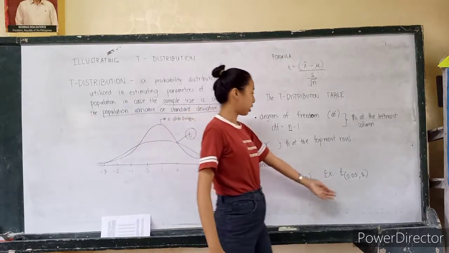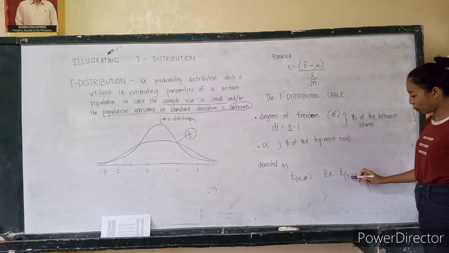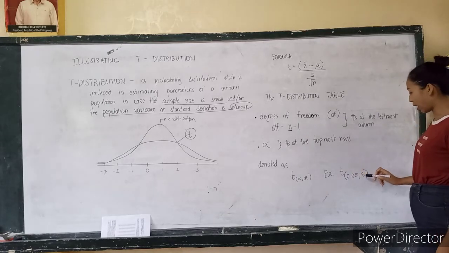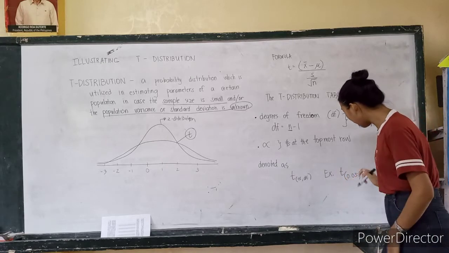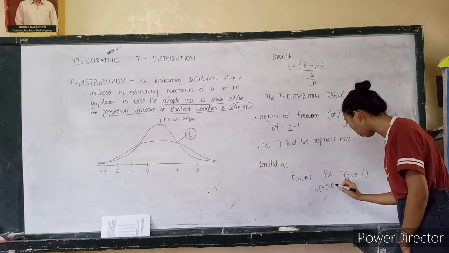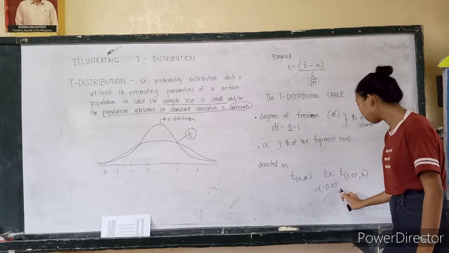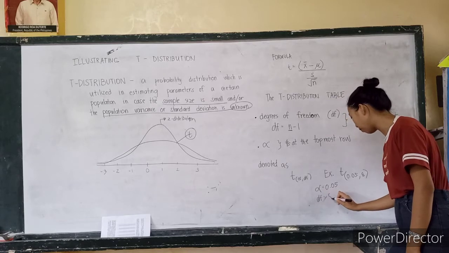For example, this is t with parenthesis 0.05, 8. This means, class, that your alpha is 0.05, and your 8 is your DF.